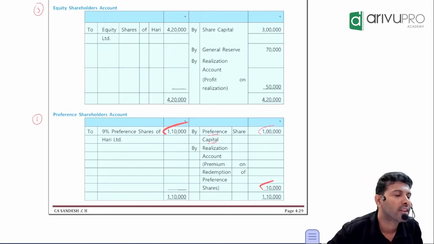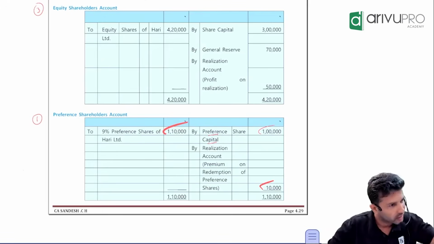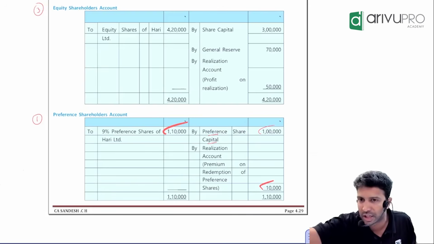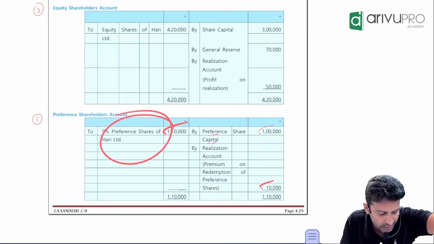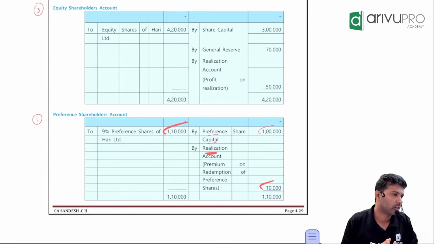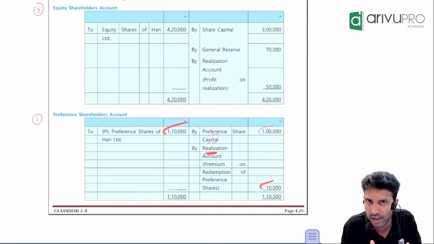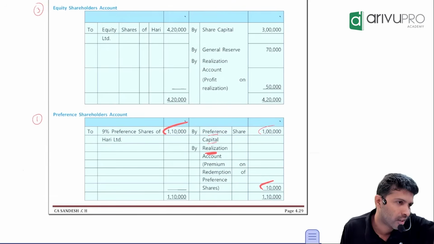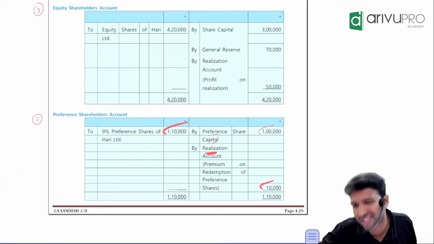Who is that? Correct. Realization profit or loss also, you transfer it to whom? Equity shareholders. So if there is any balancing figure in this account, you transfer it to what? Realization. Because this 10,000 may be a profit for the preference shareholder, but as far as the equity shareholder is concerned, it is a loss, because they got 10,000 less.